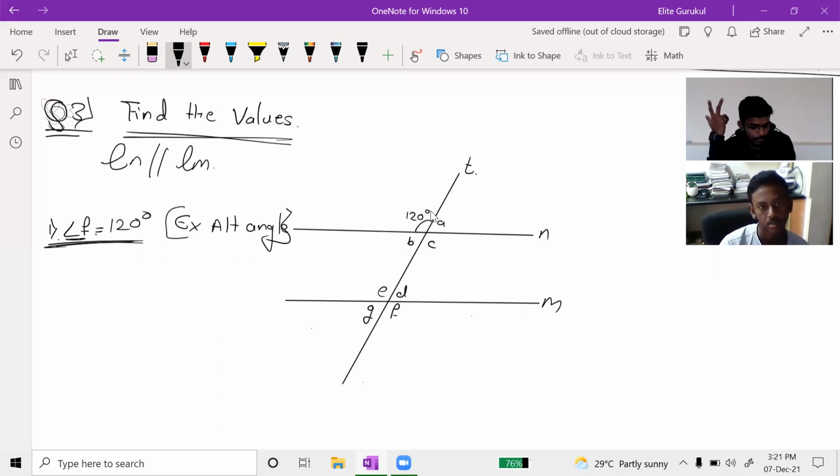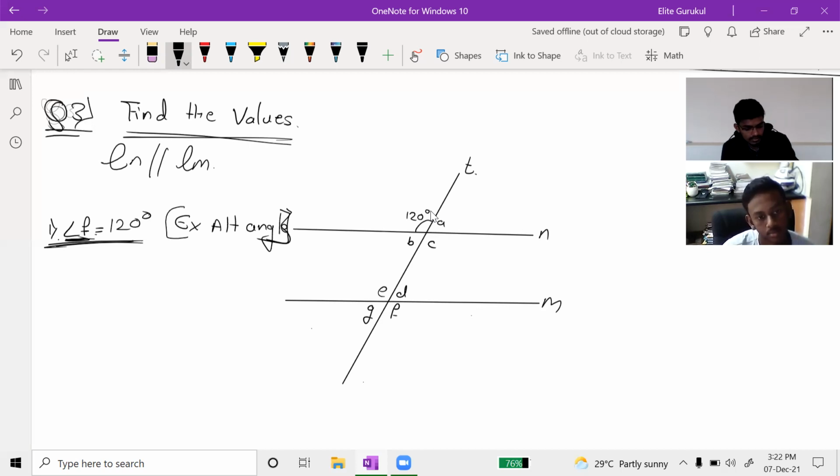How to remember the property is simple. Like I ask you the angle F. We know that angle F is an external angle. Now see, 120 is an external angle or internal angle? External angle.